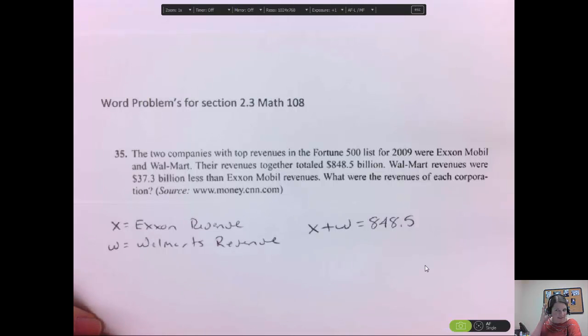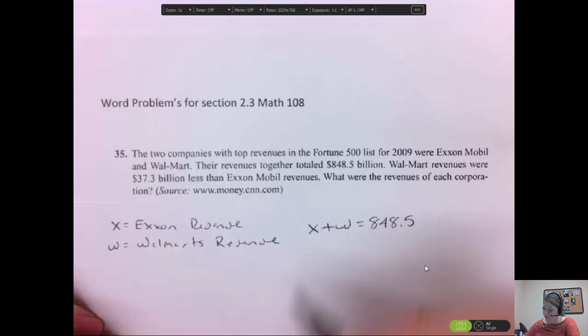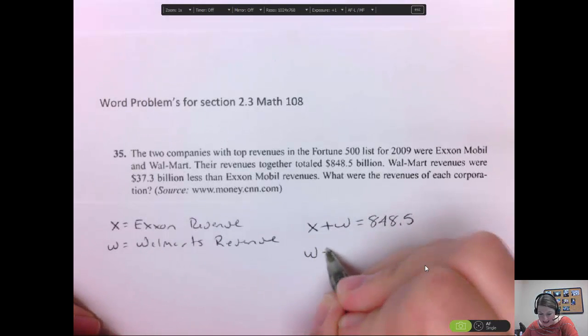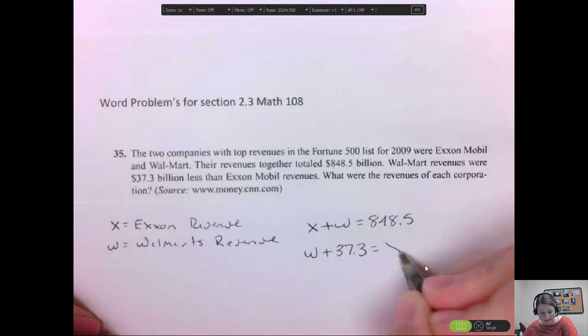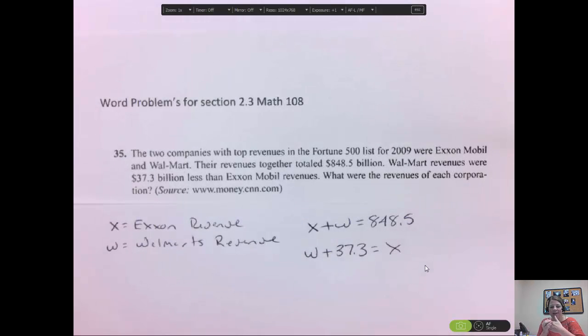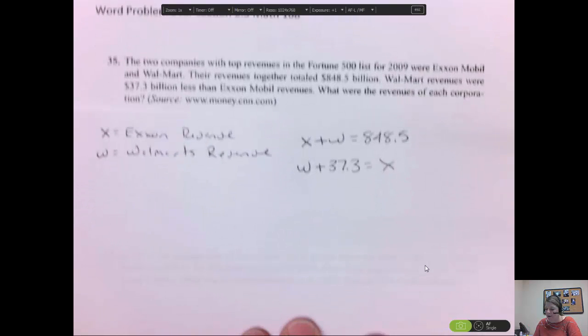There's two ways to think of that one. The way I think about it is Walmart's less, right? So if I take Walmart and I add the 37.3 billion, it has to equal Exxon's. You could have written it as Exxon minus 37.3 equals Walmart. That's going to get you the same result. It really depends on how you think about that problem.